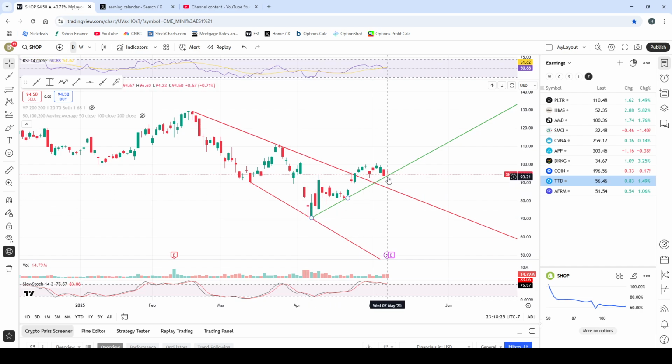But because of the new trend, we got the support right here. Most likely we have a bounce, right? But there's also a probability of it coming down to 86, 71, or even 87, and then bouncing, right?